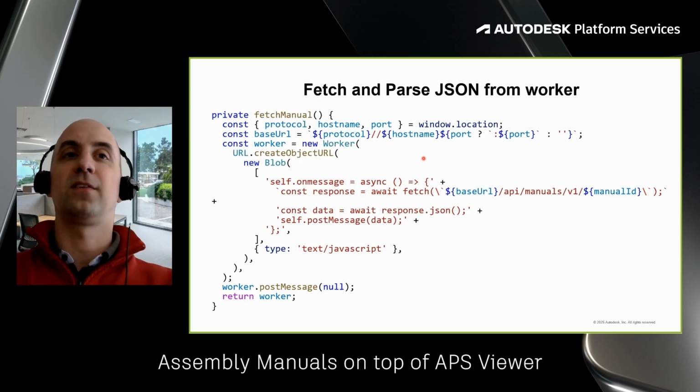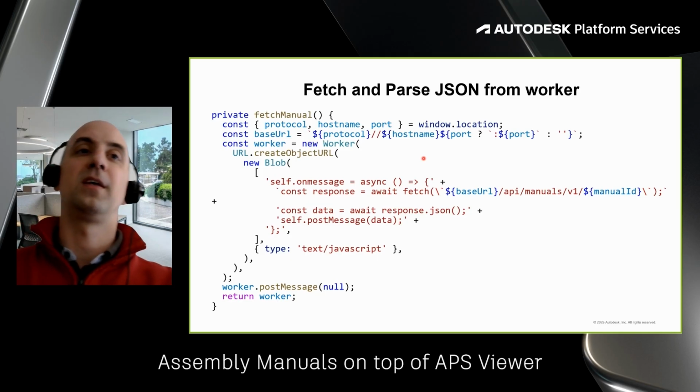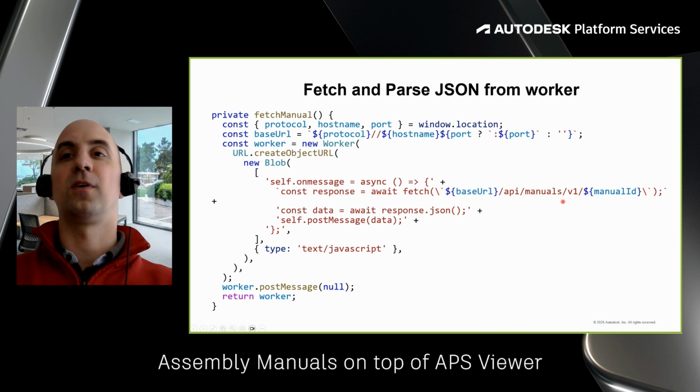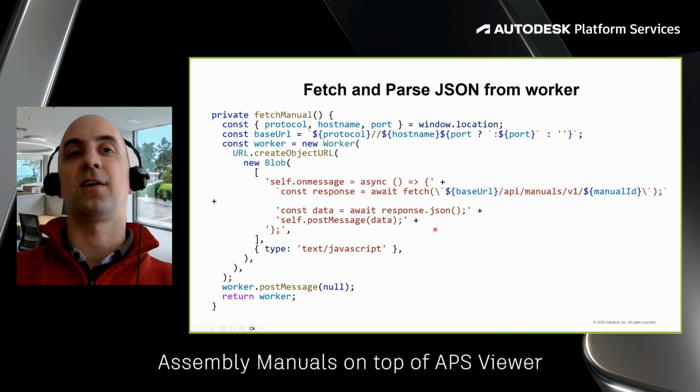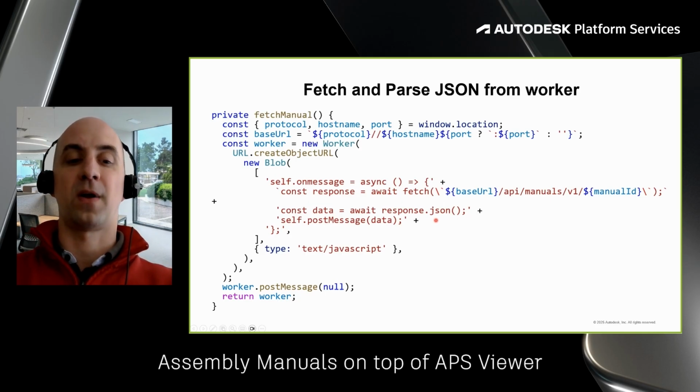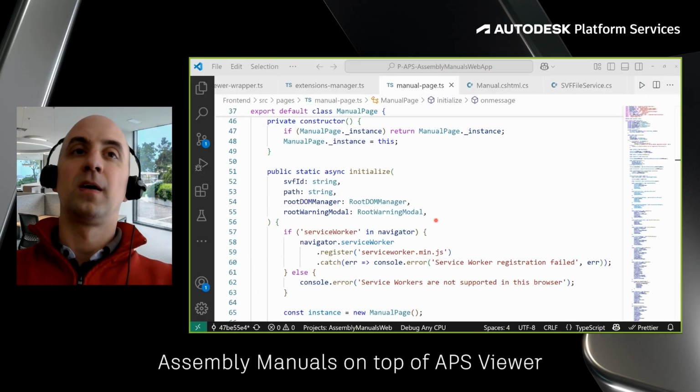In that case, what we did is offload the work of waiting for the database query and then parsing the JSON data of the manual to a worker thread. So I'm going to show you this in the code.